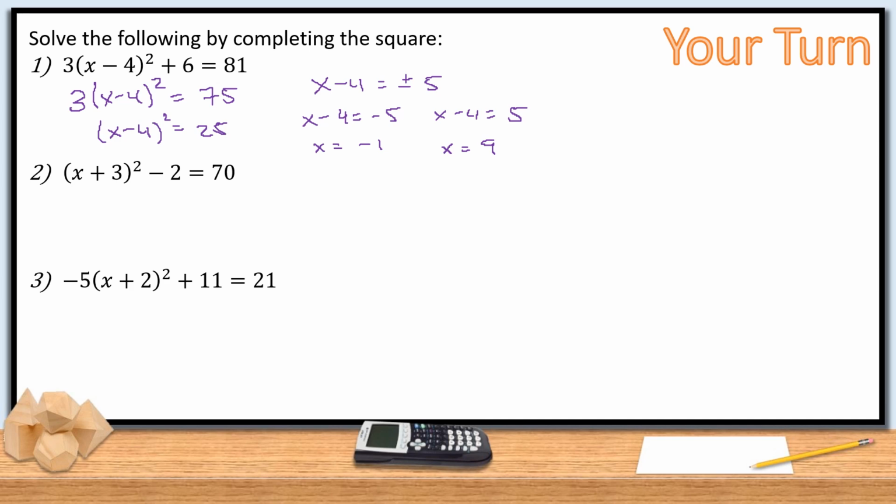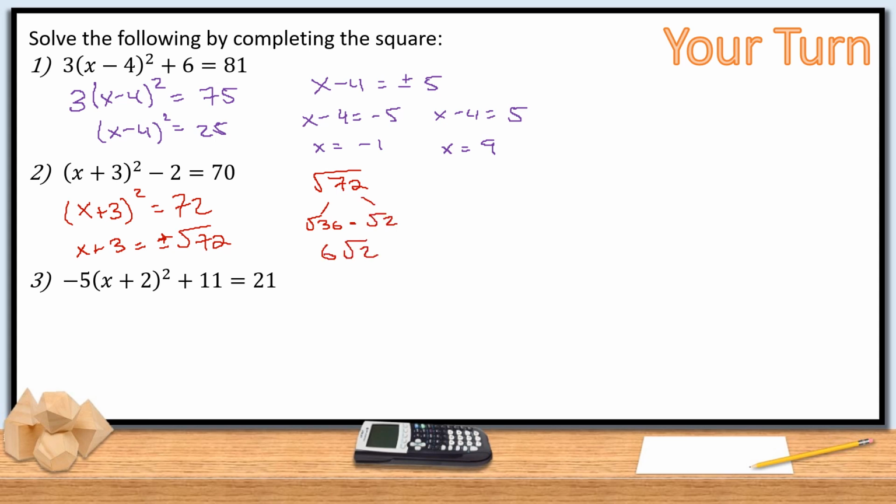Second one, add 2 to both sides. X plus 3 squared is equal to 72. Square root both sides. X plus 3 is equal to plus or minus root 72. Now root 72 can be simplified. Biggest square number factor is 36. So we root 36 times root 2, which is 6 root 2.